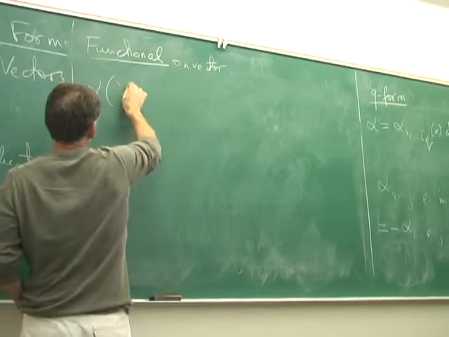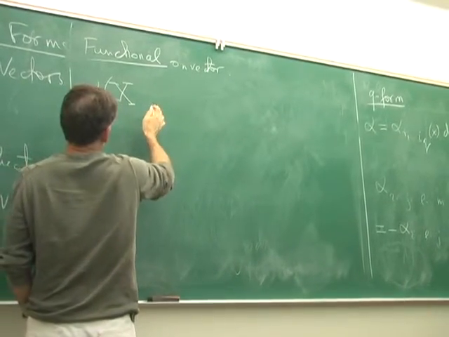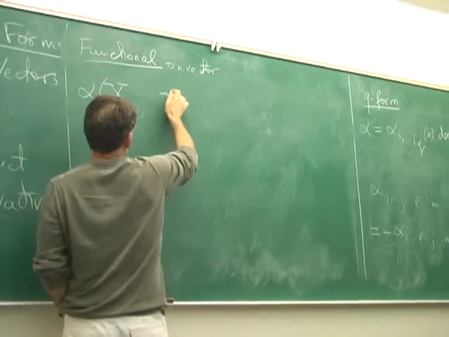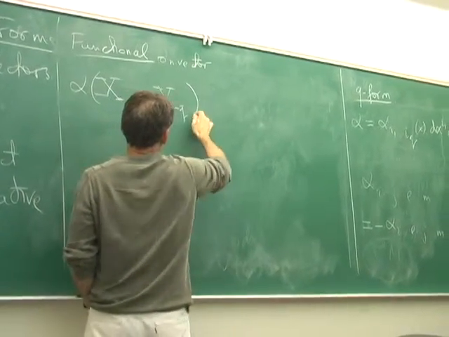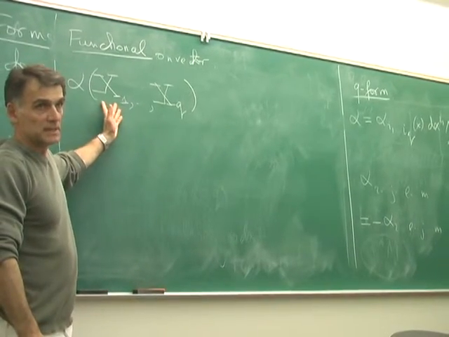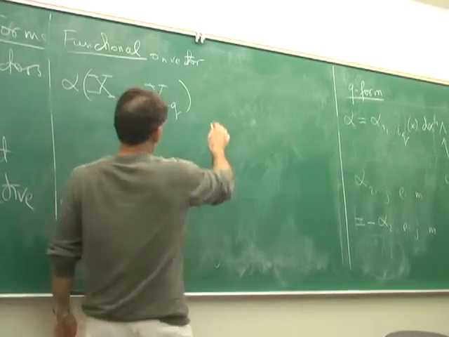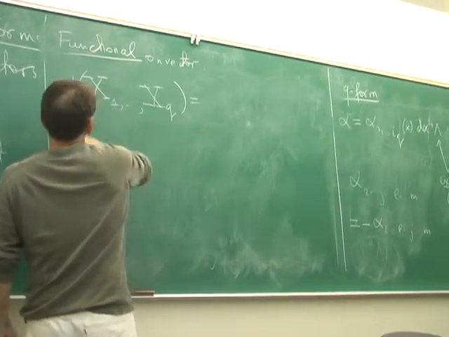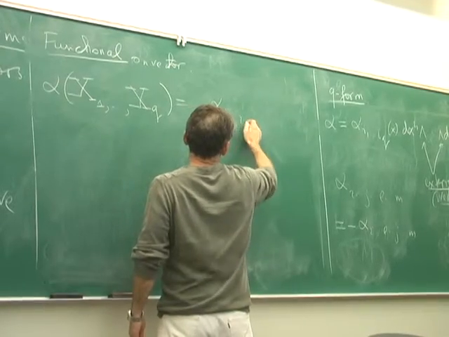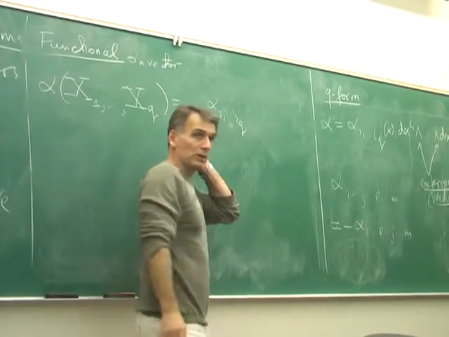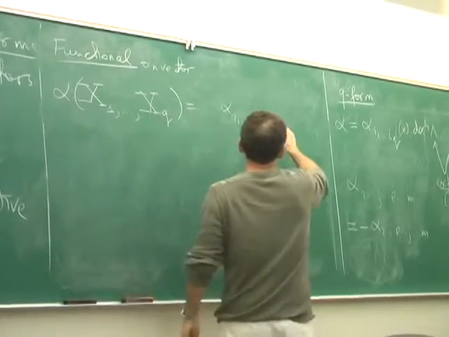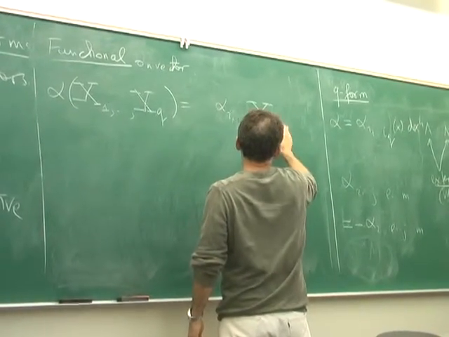In other words, if you take Q vectors, then it will give you a number. This is a number. Okay, how do you compute this number? Well, you take the components of that. Remember how we did it for one form? We just multiplied components and summed it. And then you have the components of those vectors.